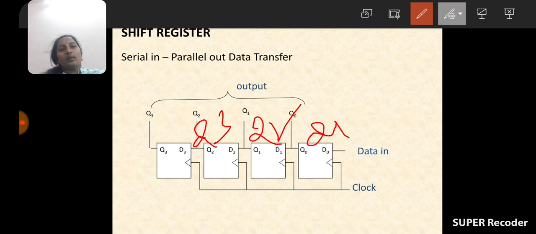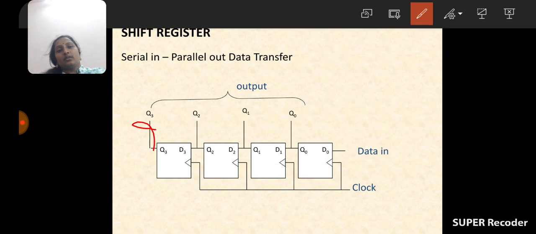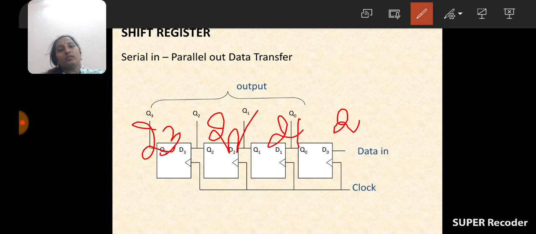And after the application of the fourth clock pulse, Q3 is here, Q2 across the third one, Q1 across the second one, Q0 is across the first one. In total, how many flip-flops are there? 4 flip-flops. So the data is moved in which direction? From right side to the left side.